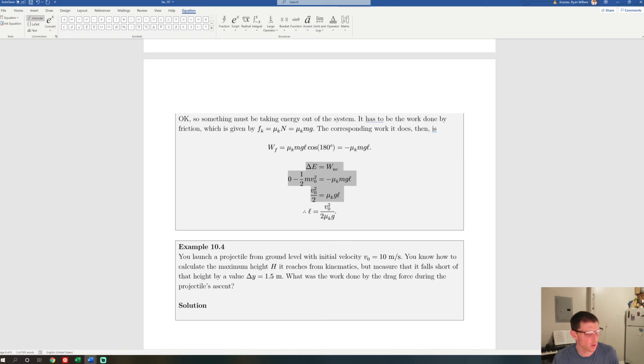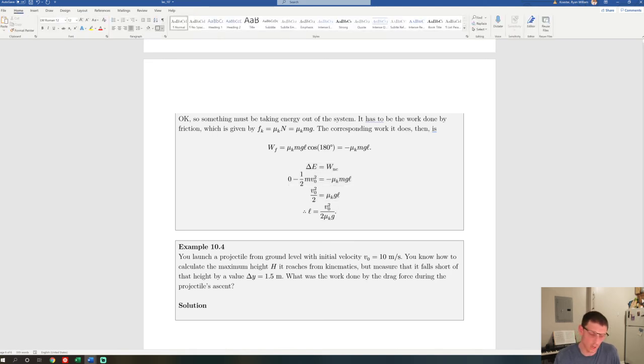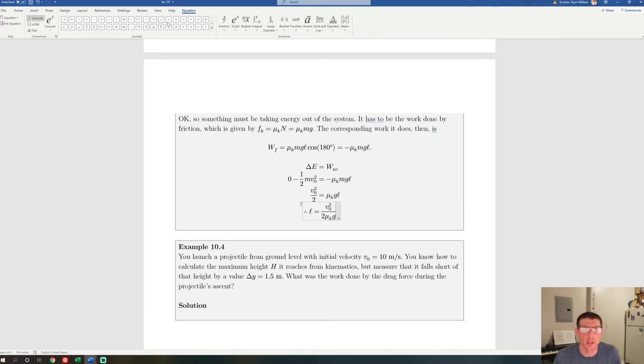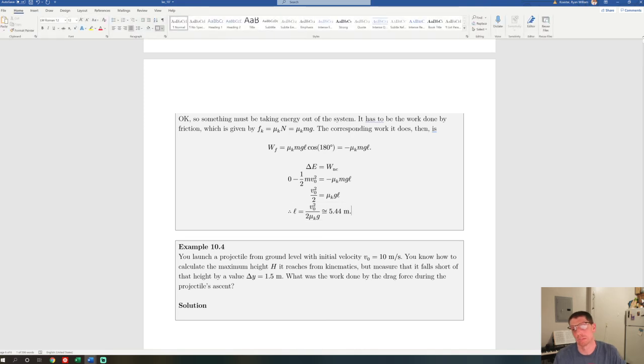And I actually did calculate a number for this, so we'll just put that in because I did it. I found it to be about 5.44 meters, which is, I don't know, about 18 feet or something. So maybe you have a really big house or apartment, but not super unrealistic, I guess.